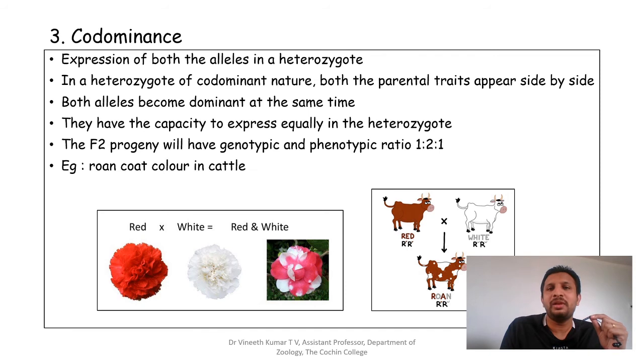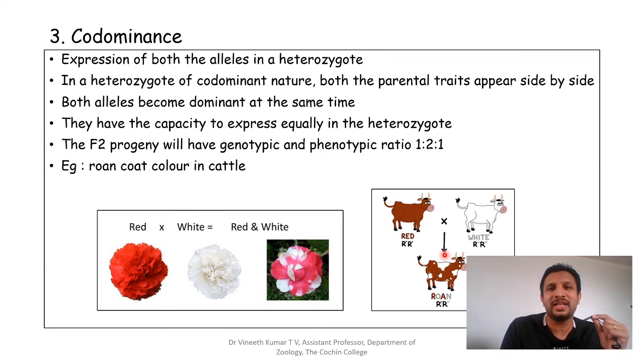How the single color is formed is that in that particular cattle, and horses also, you can see this phenomenon. Both types of hairs will be present in their body in a mixed pattern, not as patches as you see in this particular case. Both the red color as well as the white color hairs will grow in a mixed pattern.